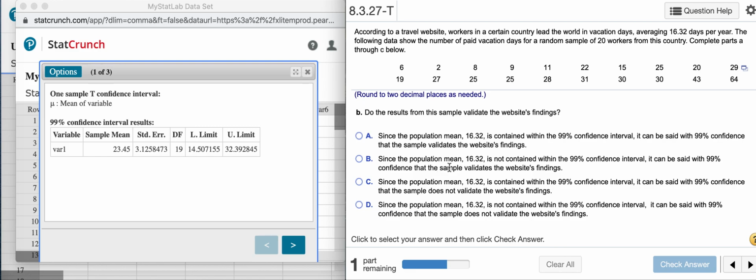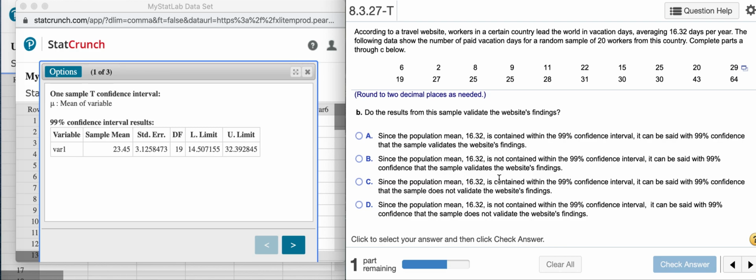B: Since the population mean, 16.32, is not contained within the 99% confidence interval. Well, that would be false because 16.32 is actually contained in it. So it's going to be A or C.